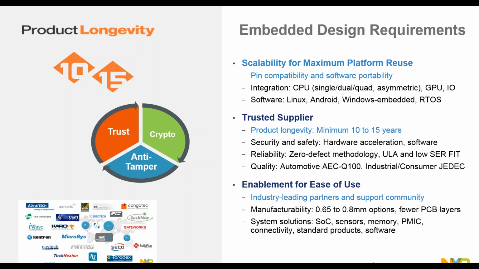I talked about the 10-year supply guarantee that is offered also in the i.MX devices, and the ease of use. You need to have a whole solution platform to start your development, and that's why NXP works with companies that are leading on software and ecosystem like Crank that are here today with us.